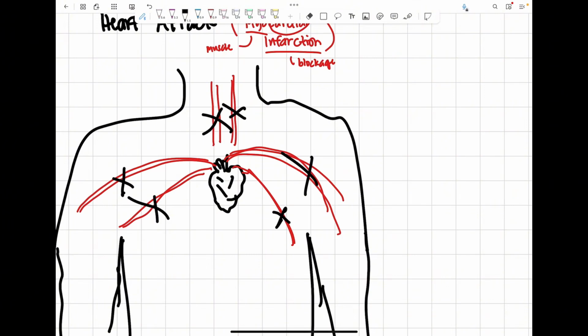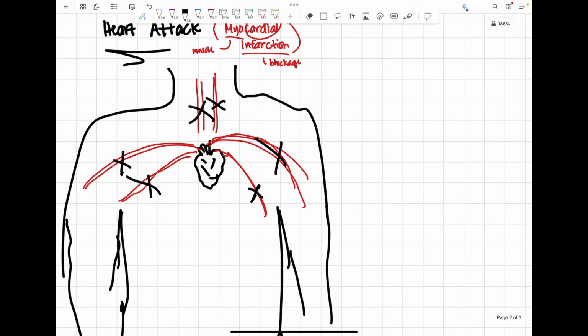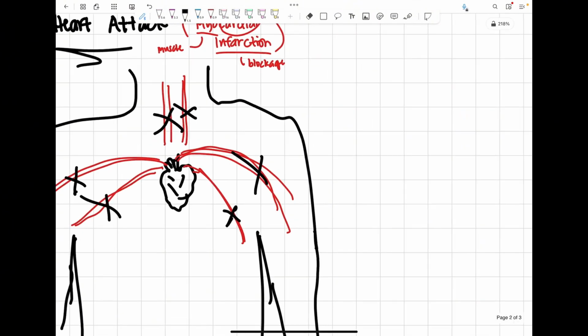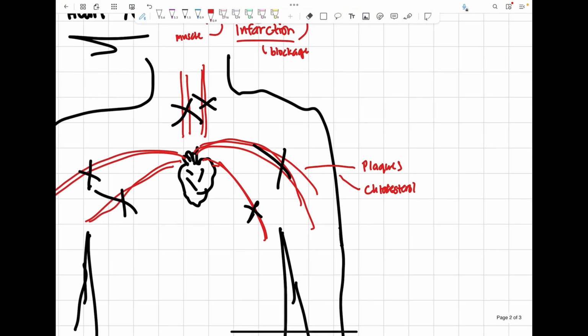So because of it, it can cause heart attack. And these blockages are sometimes caused by plaques, cholesterol, lipids, and other things that block your arteries.